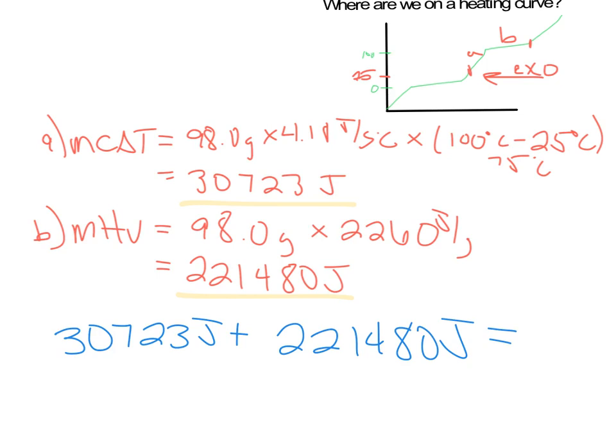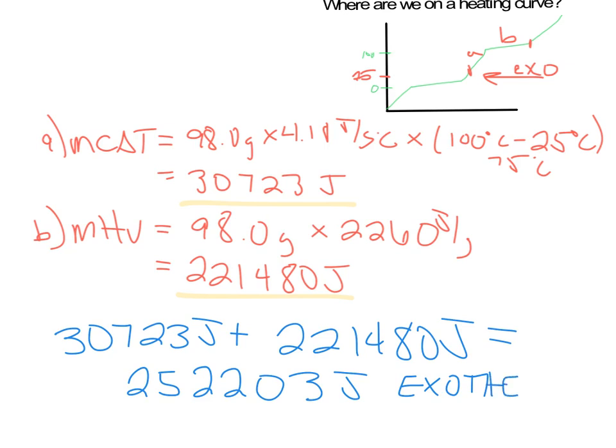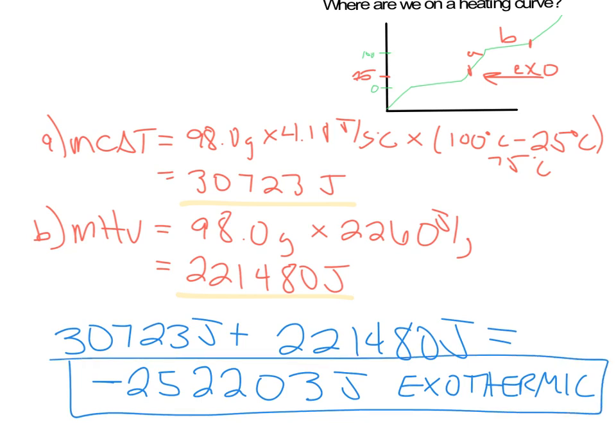You're going to get a really big number, 252,203 joules. Now keep in mind, since this is exothermic, we're going to need to make that sign negative to show that it is losing heat energy. We're actually releasing that much heat energy out into the environment.